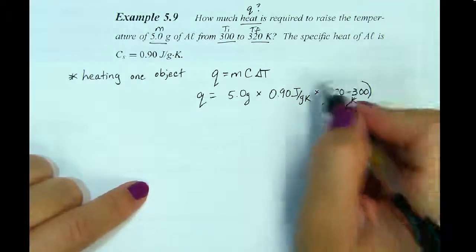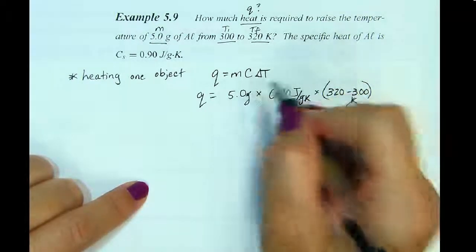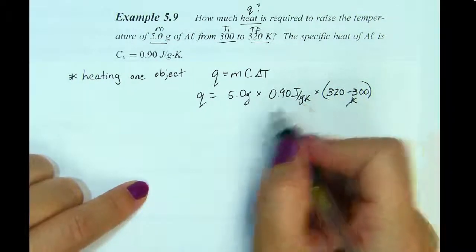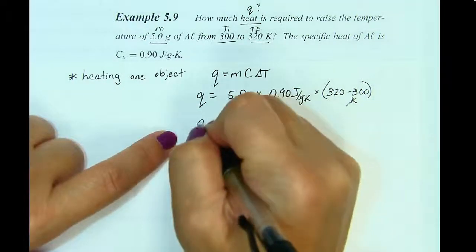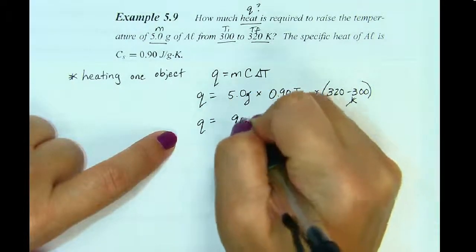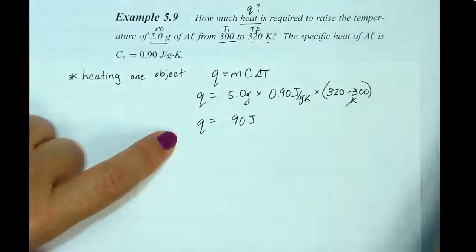You'll notice that the Kelvins cancel and the grams cancel, and we're left with joules, which is what the unit of Q is supposed to be. So when I do this math, I get a Q equal to 90 joules.